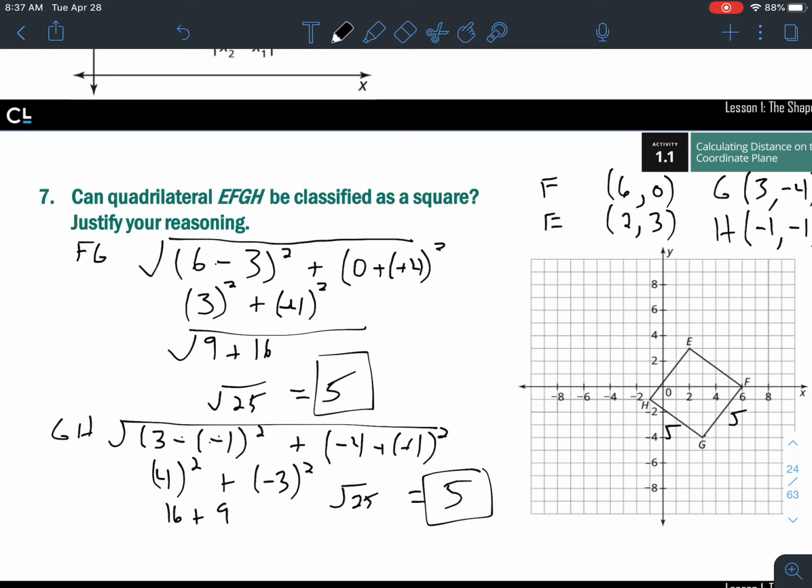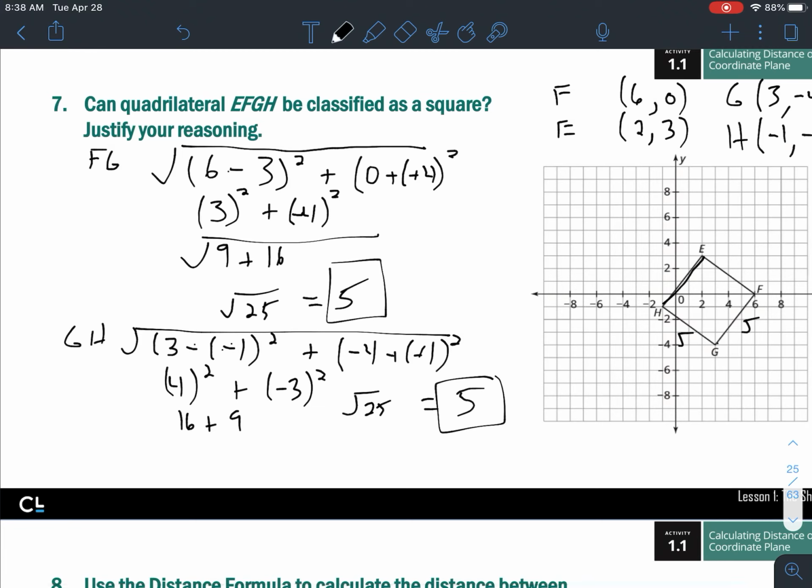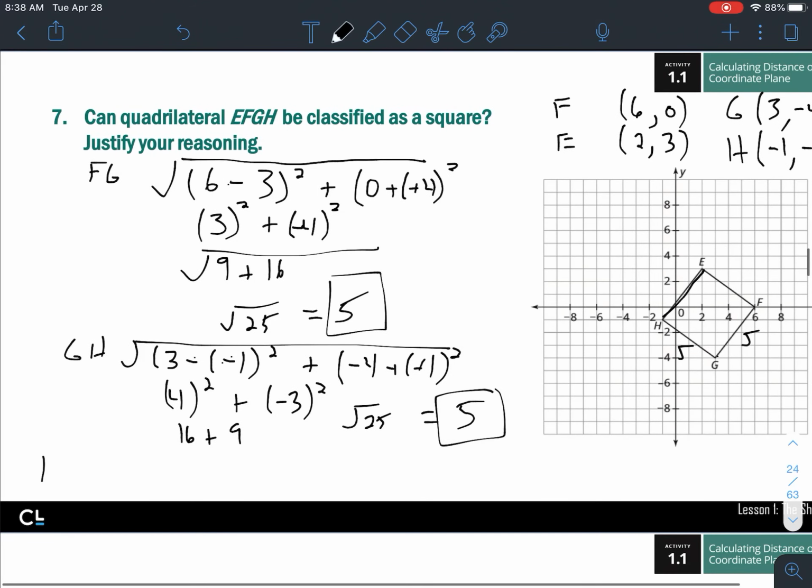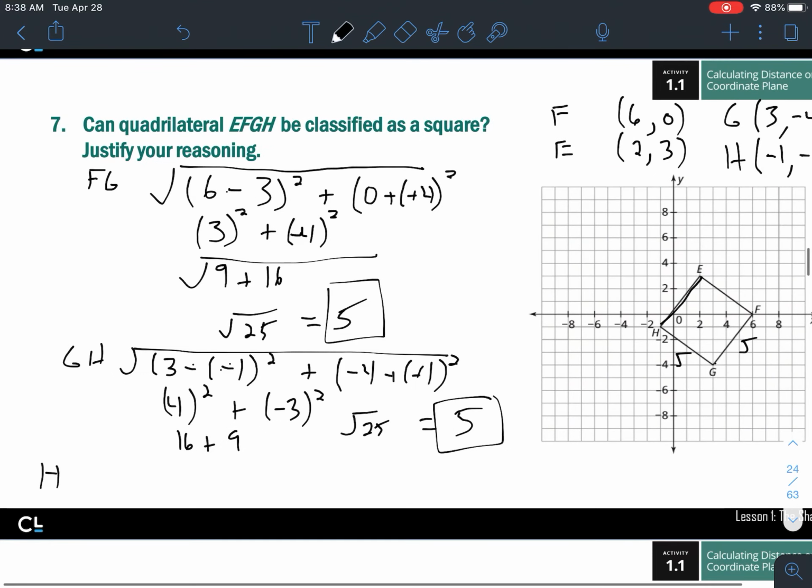So now we're going to try side HE and see if that works. And yes, this is the work that you would have to do to prove that this is correct.